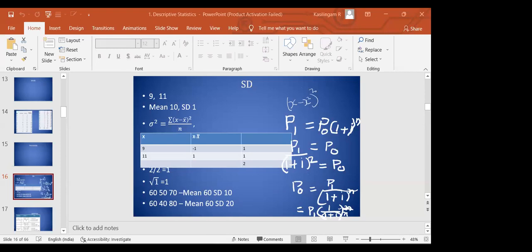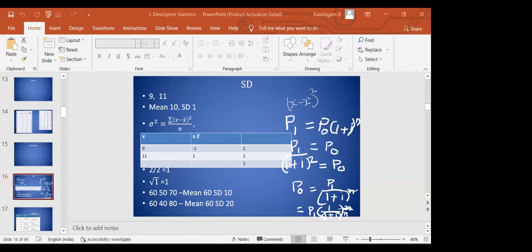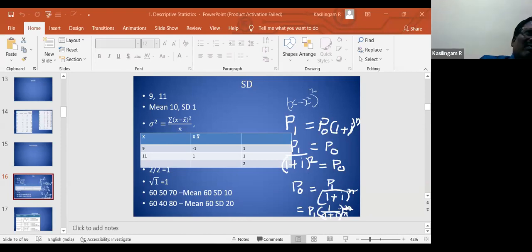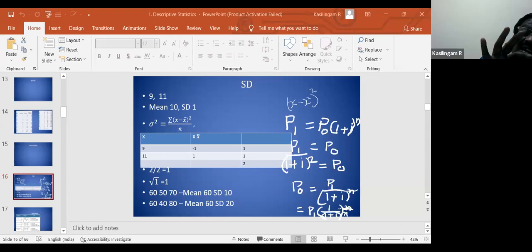Now, what is the example for ordinal? What we have taken: education. In education, we had four categories. Yes or no, madam?